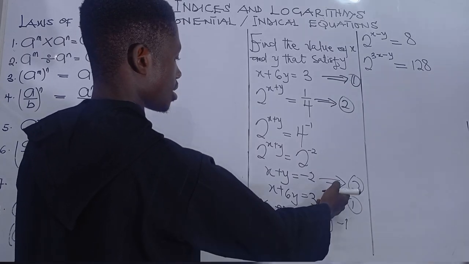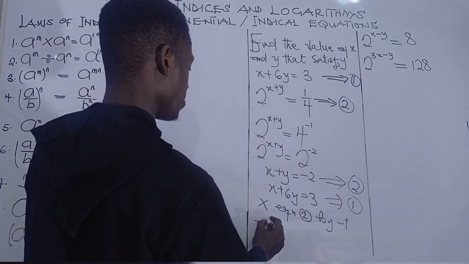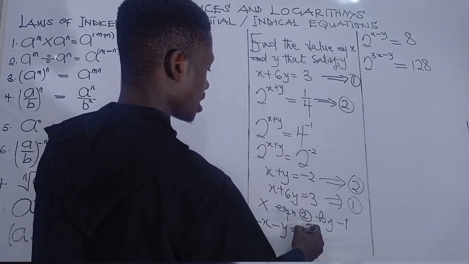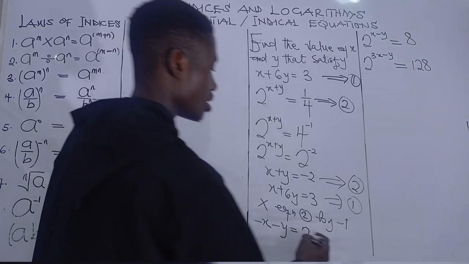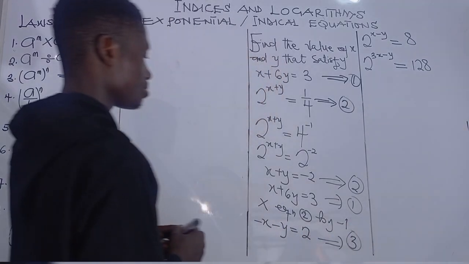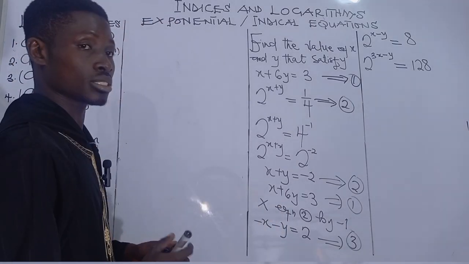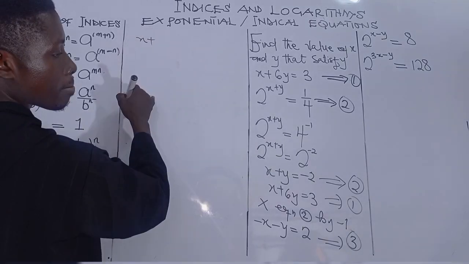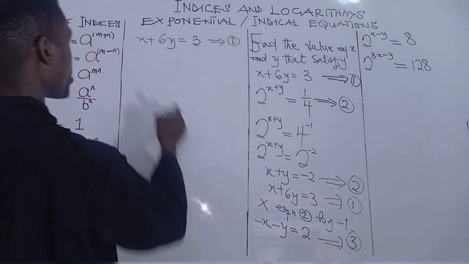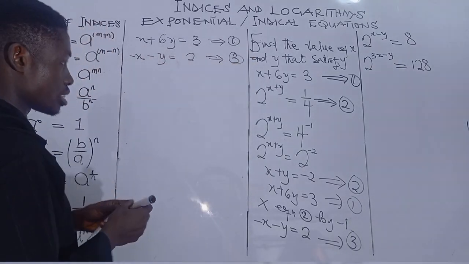When we multiply it by negative 1, we are going to have negative x minus y equal to positive 2. And this will become our equation 3. So we are going to add equation 3 and equation 1 together.